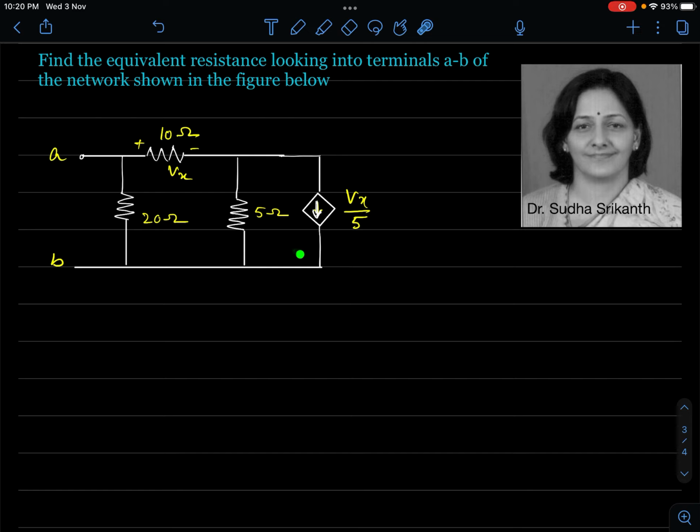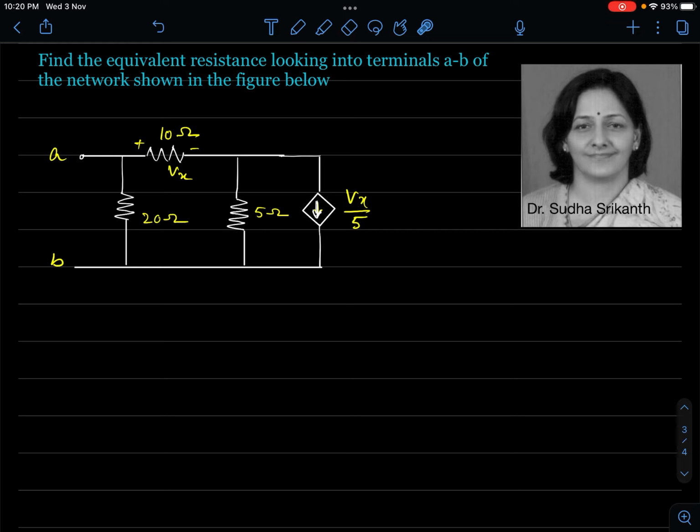So this Vx by 5, as we can see, is represented by a diamond-shaped figure or a rhombus-shaped figure, which goes to say that this is a dependent source. This we have done previously. You can look into the video on dependent sources for better understanding. Okay, what kind of dependent source is this? This dependent source is a voltage-dependent current source.